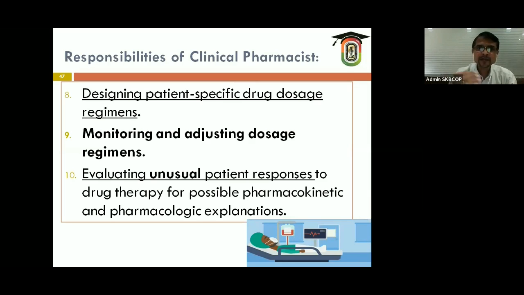So that would be the part of the clinical pharmacist, but again it should not be done on random basis. ठीक है, उसका कुछ तो scientific explanation होना चाहिए, pharmacist should be able to come out with some explanation that could be pharmacokinetic, pharmacologic or some scientific explanation behind this unusual response of the patient.